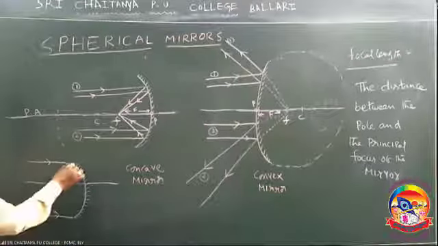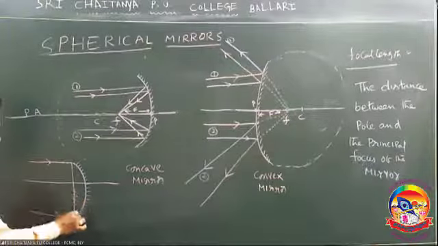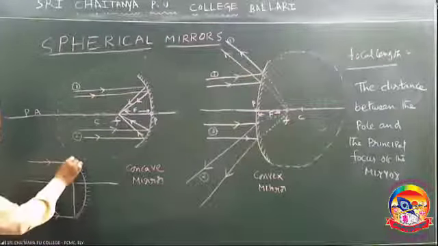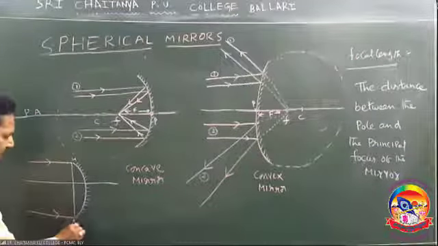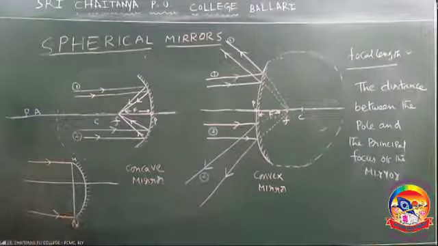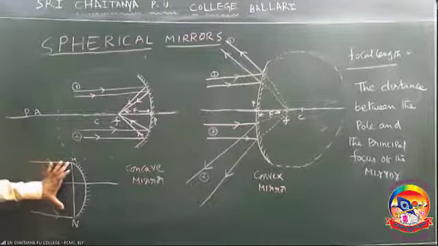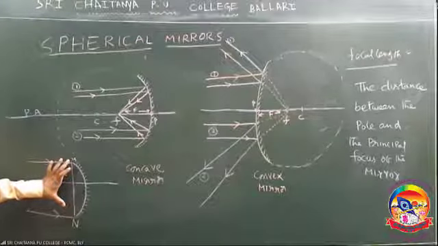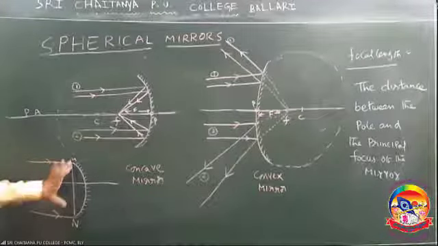The perpendicular distance between these two extreme light rays, where the reflection will take place, is called the aperture of the mirror. The perpendicular distance between M and N is the aperture of the mirror.